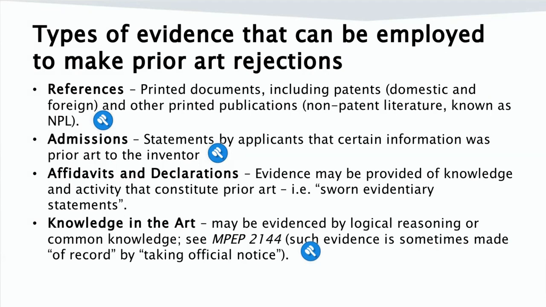The third group includes all other publications, whether in print, on microfilm, or online, and includes documents such as digital media, websites, electronic databases, and so on, that are neither U.S. nor foreign patent documents. We refer to this category as non-patent literature, or NPL.